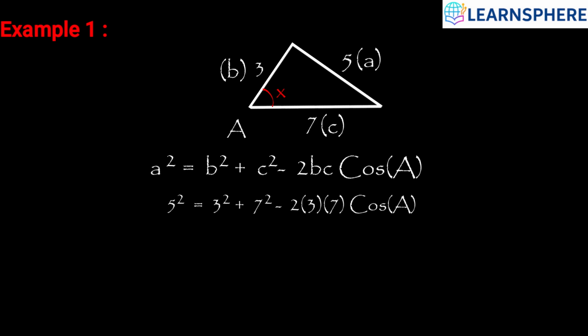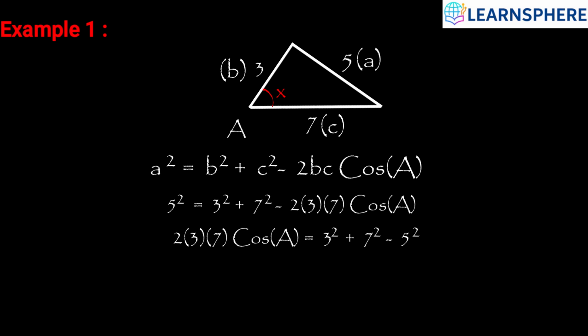As we want to solve for the angle, we have to make capital letter A the subject. So we can do that by bringing negative 2(3)(7) cosine A to the left hand side and 5 squared to the right hand side, which will give us 2(3)(7) cosine A equals 3 squared plus 7 squared minus 5 squared.